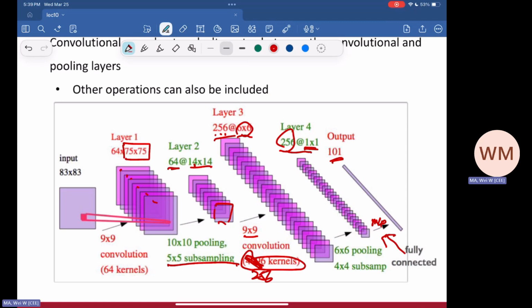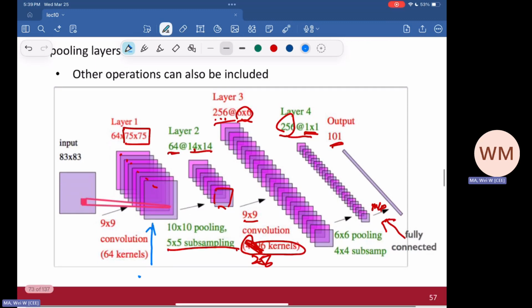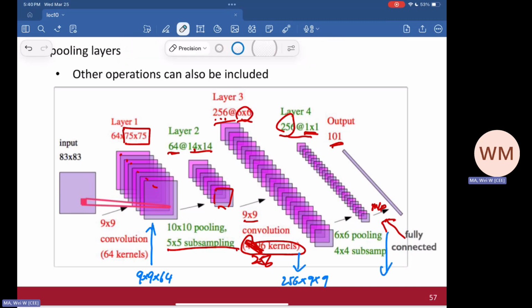Let's calculate how many parameters we have. For the first convolution, 9 by 9 by 64. Pooling has no parameters. Then for the second convolution, 256 by 9 by 9. And the MLP, how do you calculate its dimension? 256 times 101.